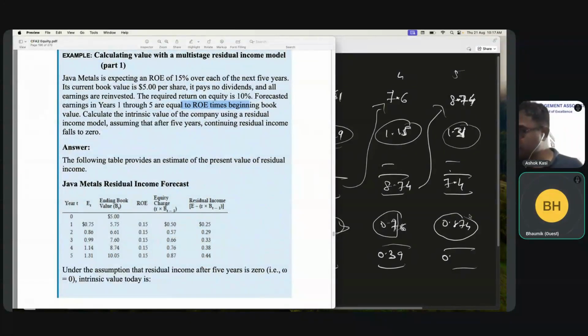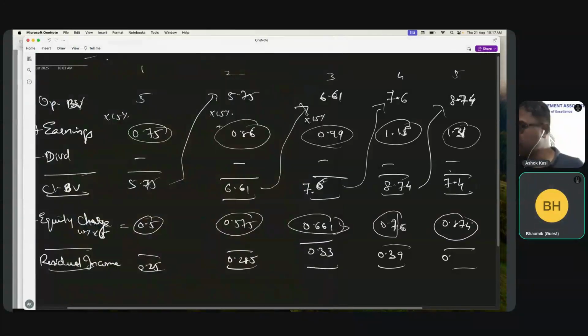How much is it coming to? 1.31 minus 0.874 is 0.43. It's correct.